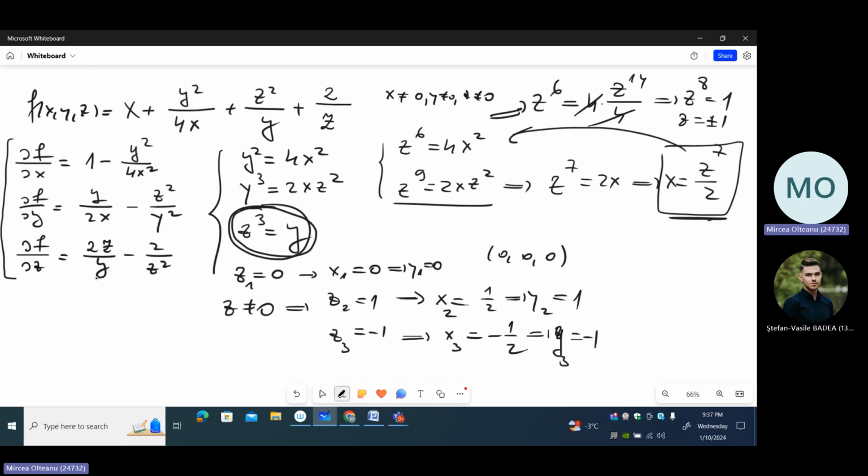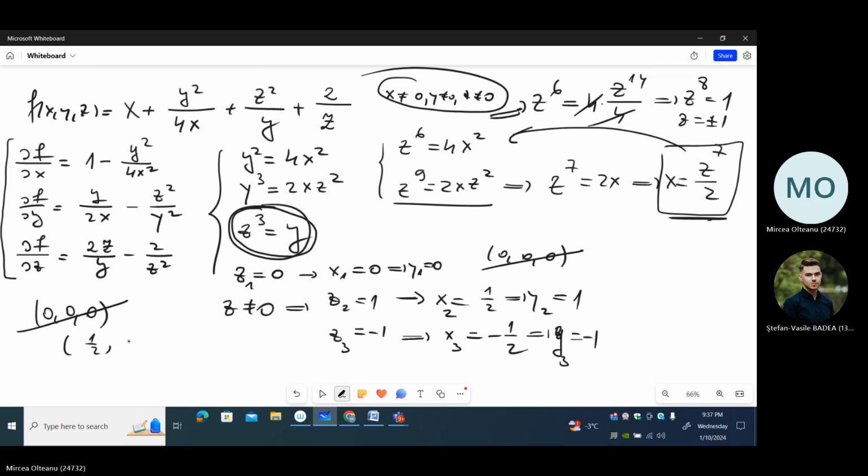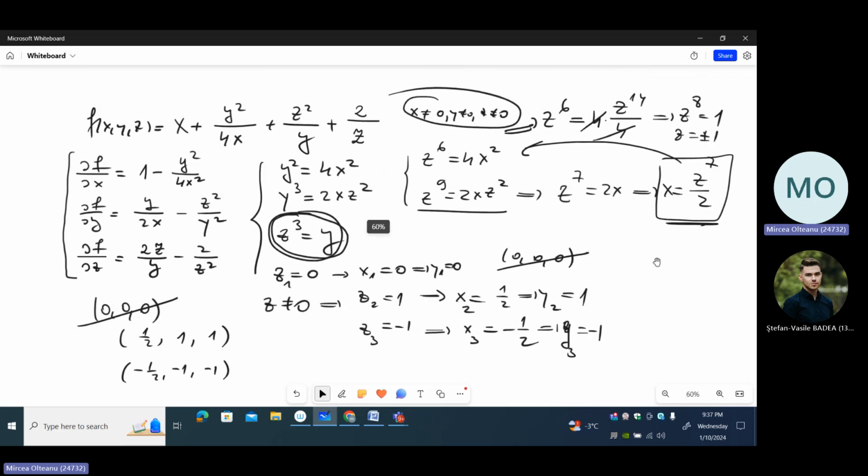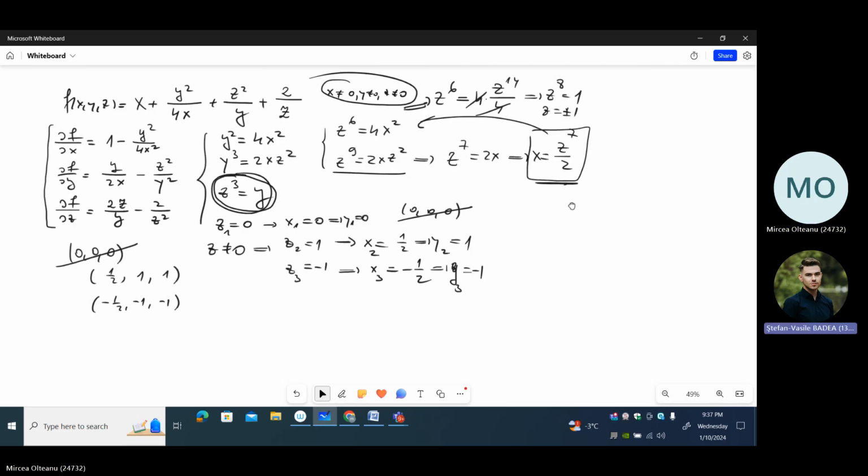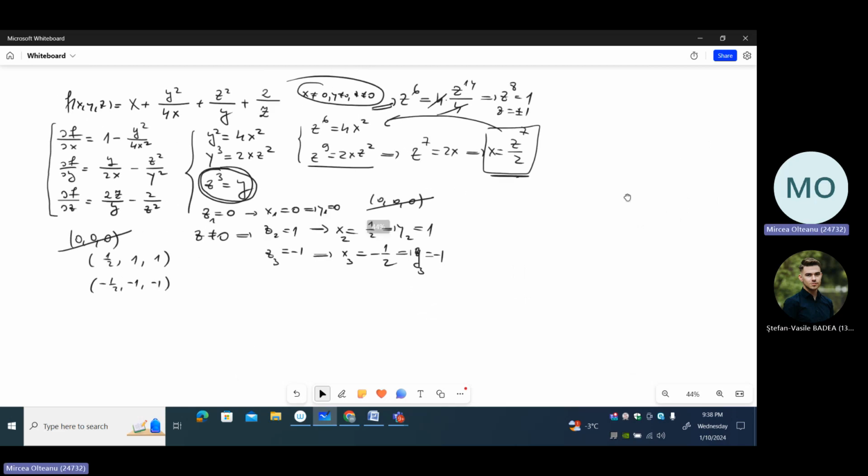So I think we've obtained the following critical points: 0, 0, 0, which is not good, of course, because remember the domain of definition. And we have 1 over 2, 1, 1, and minus 1 over 2, minus 1, minus 1. We have two critical points. Tell me if you got the same.